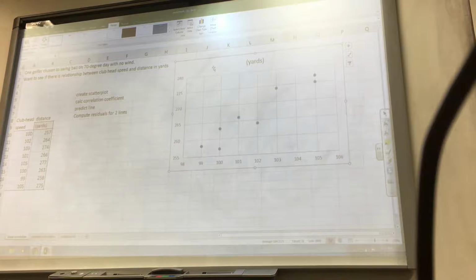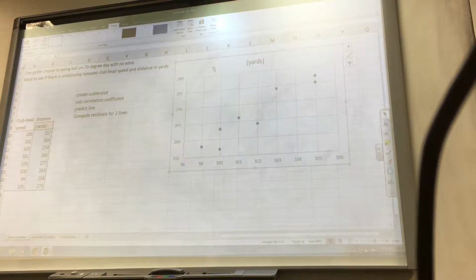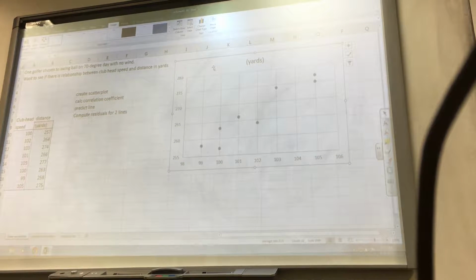What would make this a better graph? The numbers are on the y-axis.